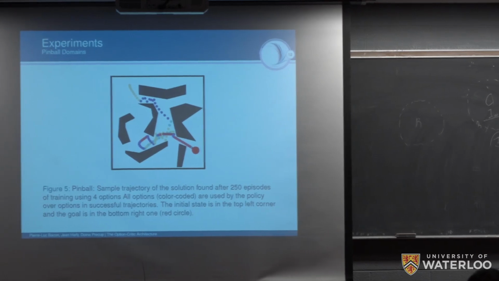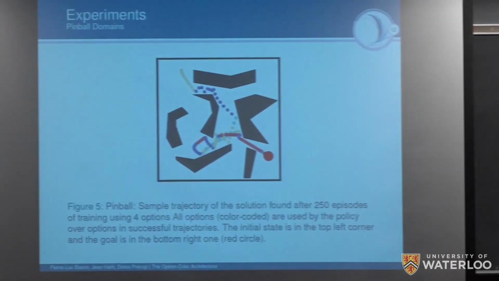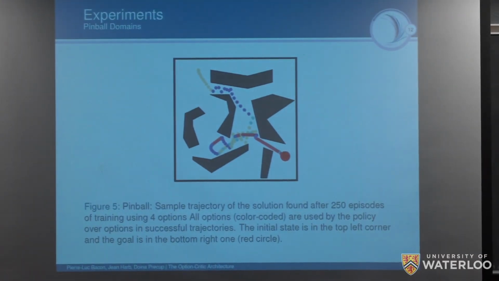Another experiment was played in the Pinball game. The basic idea of this game is that you start from the top left side, and you want to control the ball from the top left to the bottom right side of the maze. The shape of this maze can be randomly created.